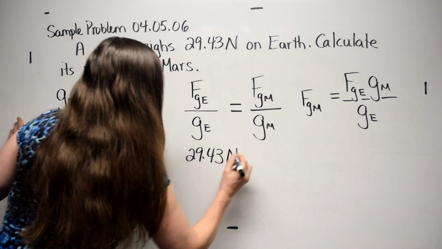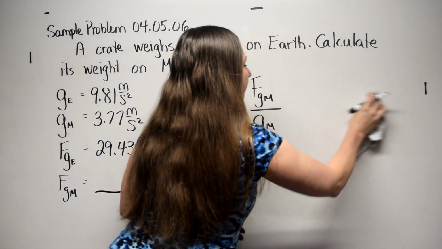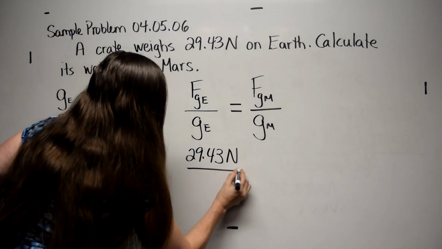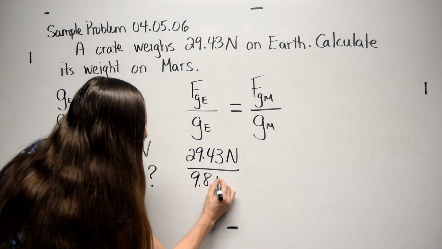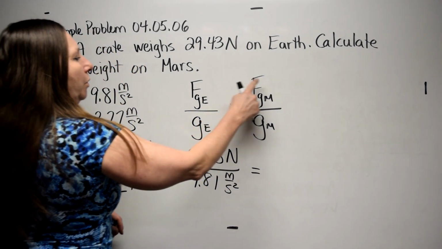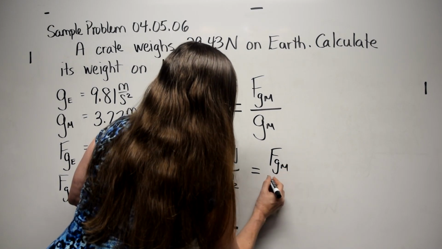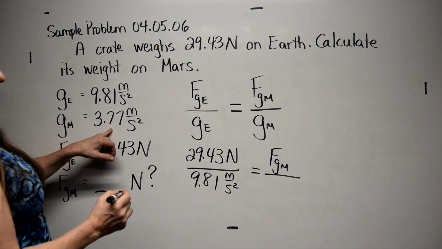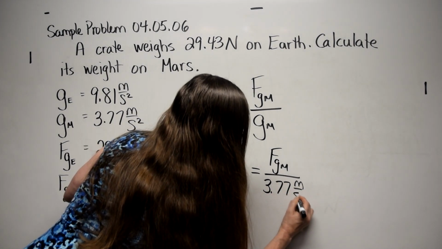29.43 newtons. All right, now let me erase this because we're going to need this space. All right, divided by the acceleration due to gravity on Earth, we know that's 9.81 meters per second squared, equals the weight on Mars, which we do not know yet, divided by the acceleration due to gravity on Mars, 3.77 meters per second squared.